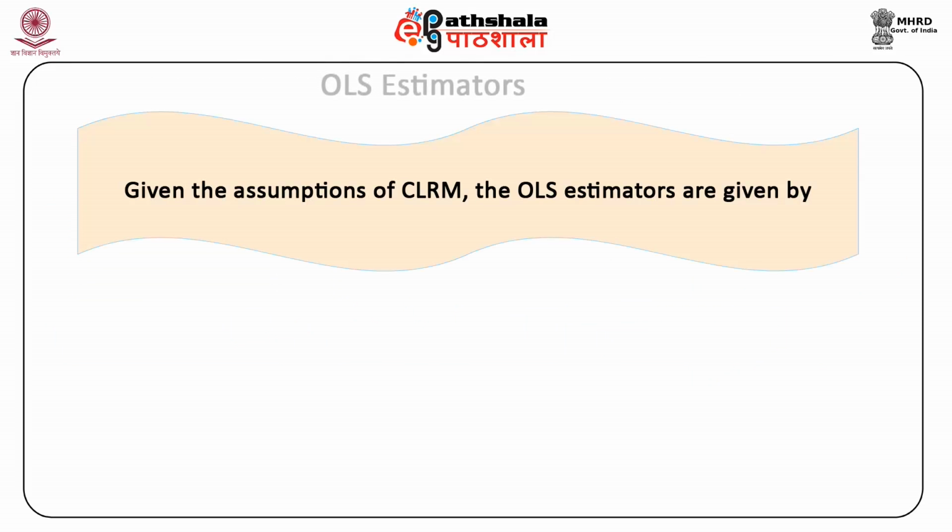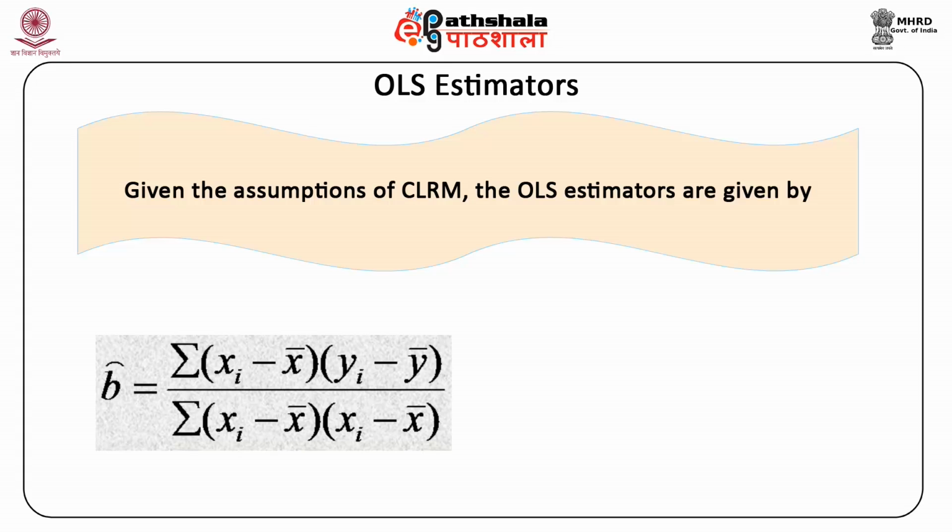Given the assumptions of CLRM, the OLS estimators are given by B hat is equal to summation of (xi minus x bar) into (yi minus y bar) upon summation of (xi minus x bar) whole square, and A hat is equal to y bar minus B hat x bar.